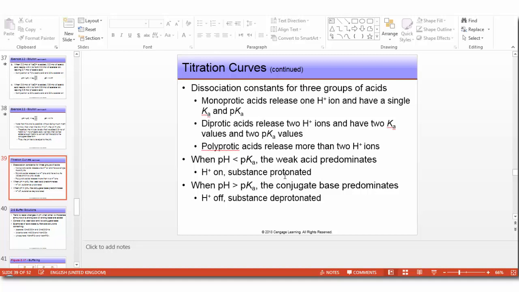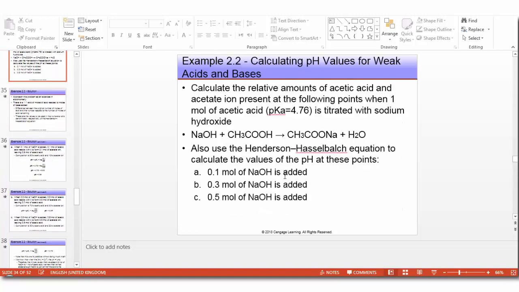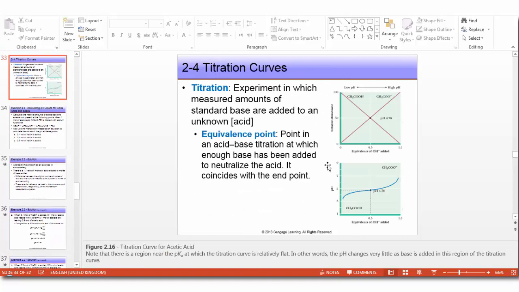Now, when the pH of a solution is greater than the pKa, then the conjugate base predominates and the proton is off, and the substance is deprotonated. When the pH is less than the pKa, then the weak acid predominates and the proton is on, the substance is protonated. We can understand this more if we go back to this titration curve.